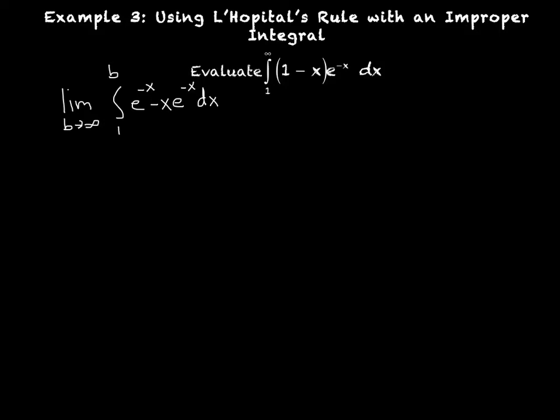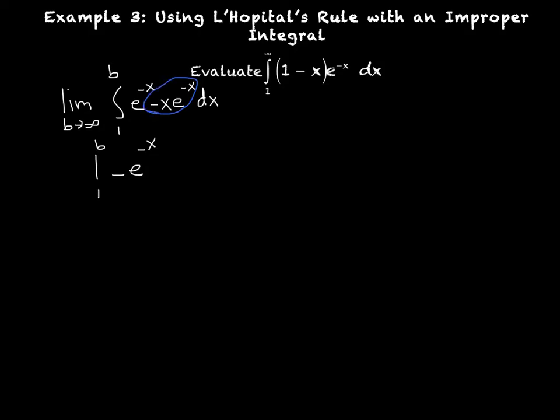All right? And so now we are going to break this up into two integrals. And the integral of 1 to b of e to the negative x is simply just negative e to the negative x. So that is the first integral. And then this part of the integral right here, unfortunately we're going to have to use integration by parts there.